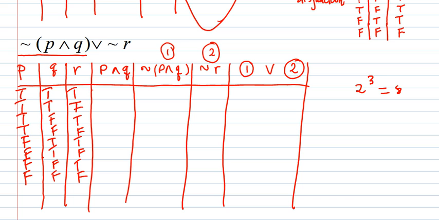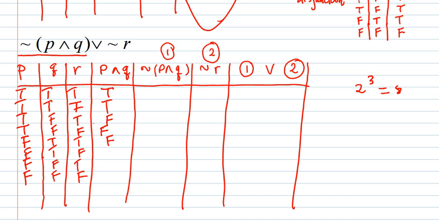So let's do the first compound statement. True and true is true. True and true is true. True and false is false. True and false is also false. False and true is false.